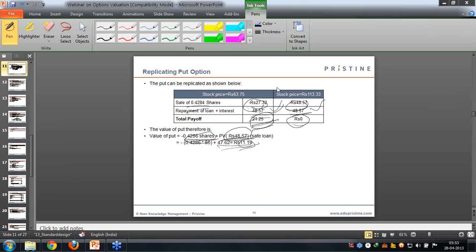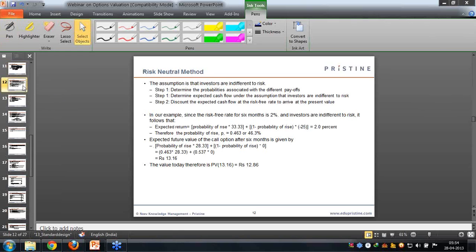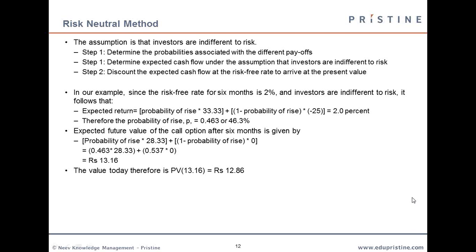Okay. So right, the responses pretty much say that I can proceed forward. So now I'll move on to the second method, which is the risk neutral method. In this case, we have certain assumptions. The assumptions are that investors are indifferent to risk.